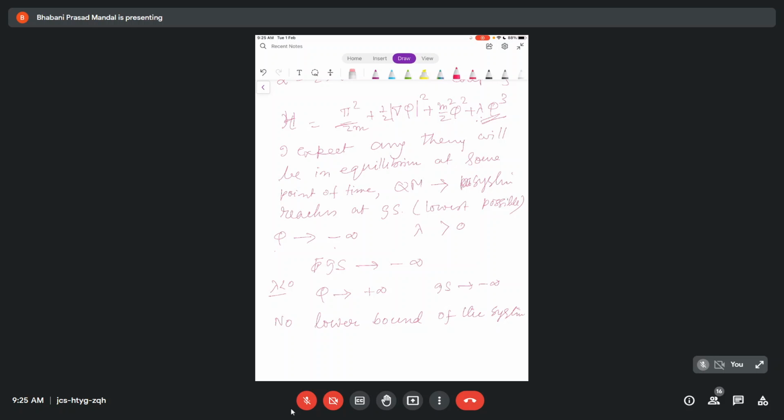You have learned that in Dirac hole theory also, negative energy states. So with no lower bound, the system is not stable, and such a theory is not acceptable.